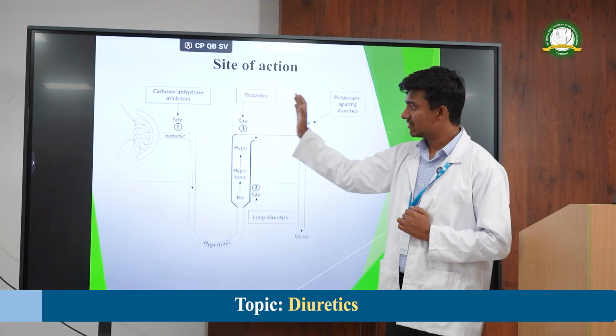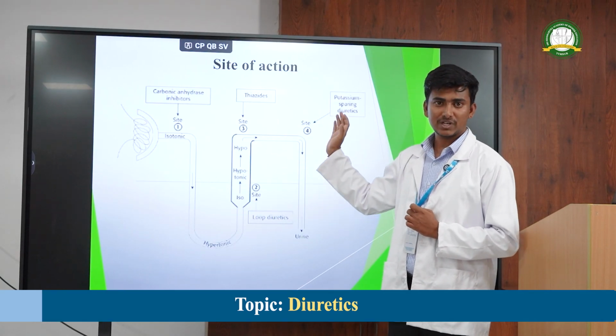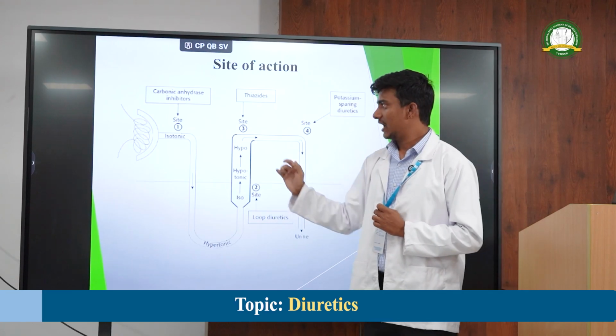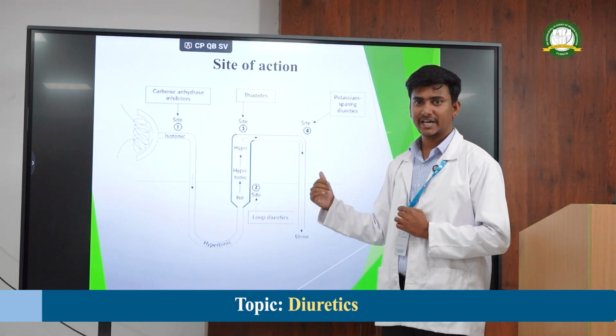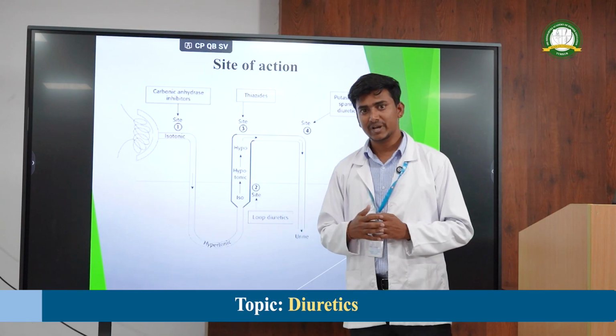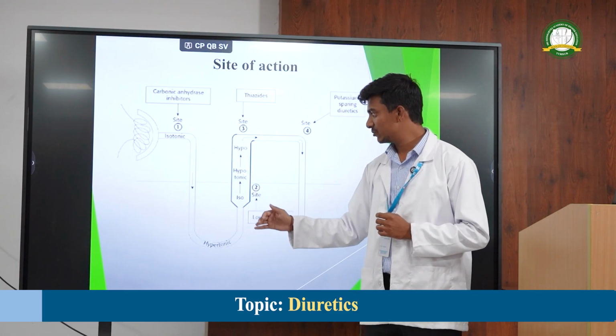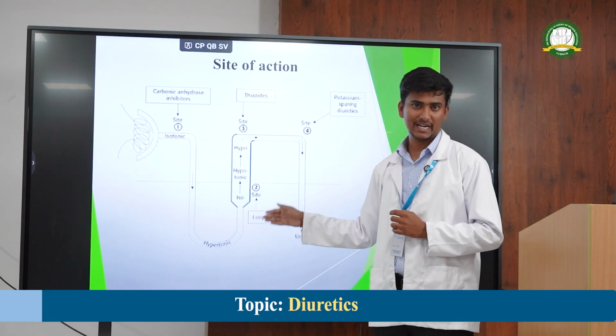This is the major site of action for most of our drugs. Apart from this, another class of drug is osmotic diuretics, which mainly act on the proximal convoluted tubules and descending loop of Henle.